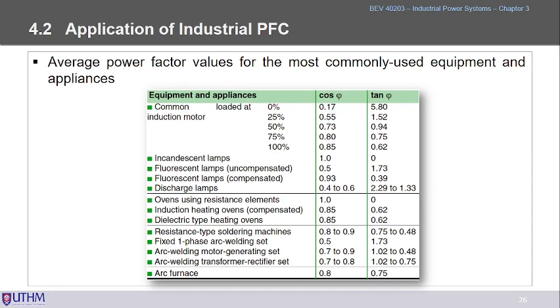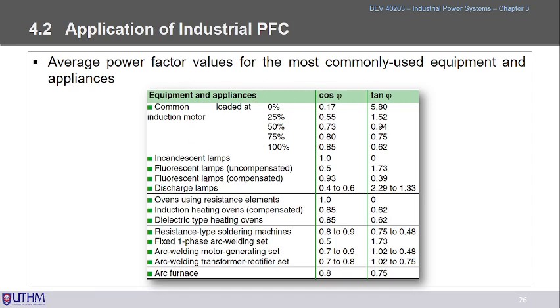When you gradually increase the load on the shaft, for example a conveyor belt driven by the induction motor, say up to 75%, the power factor can increase to 0.8, for example. The common value is 0.85 when you reach 100% loading.